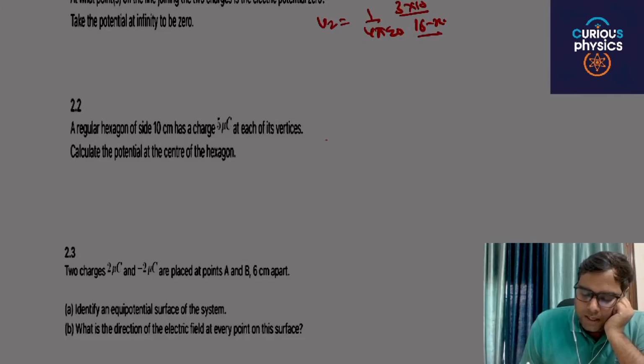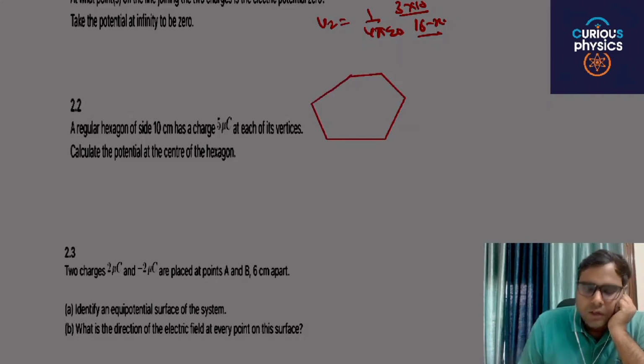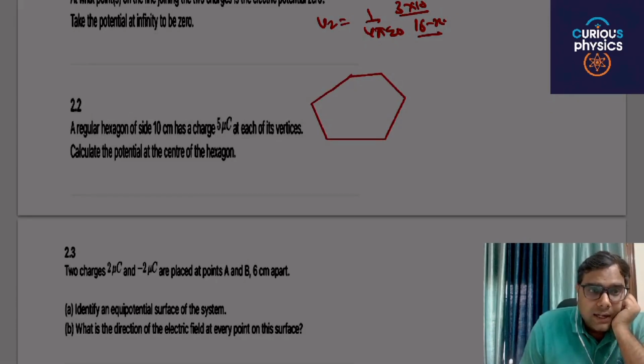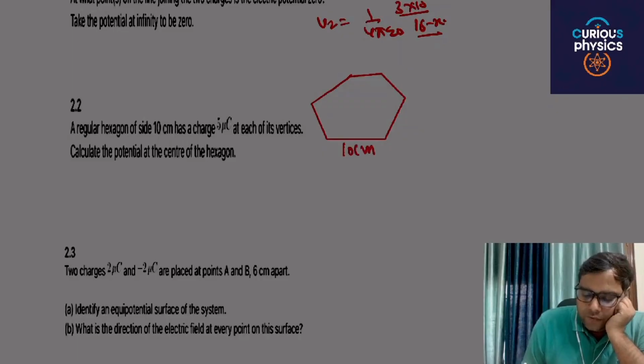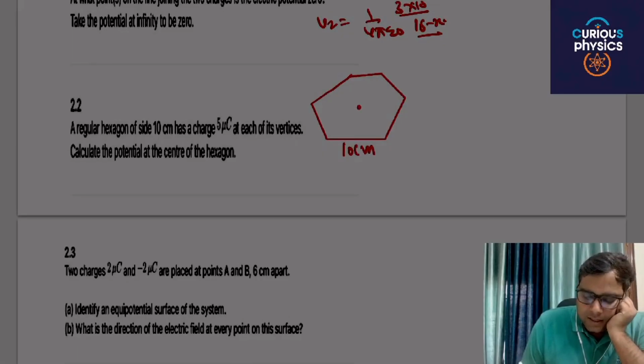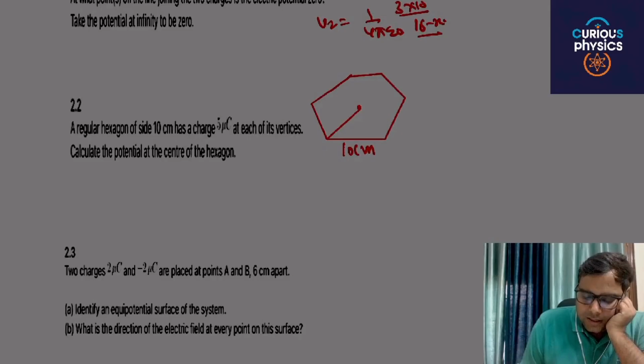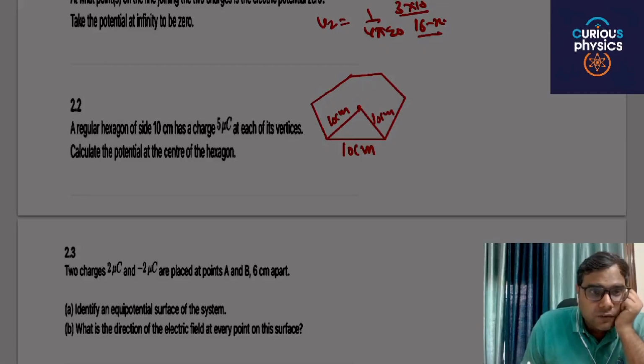If this is a regular hexagon and the side is 10 centimeter, you have to find the net potential at the center. These form equilateral triangles, so this is also 10 centimeter, this is also 10 centimeter, and the charges are 5 microcoulomb.